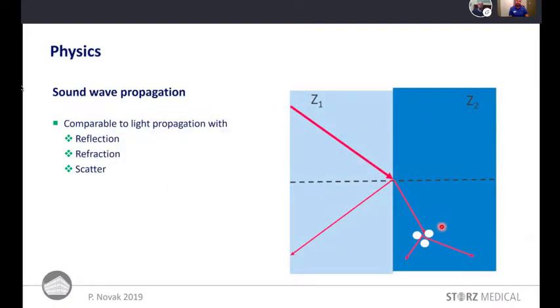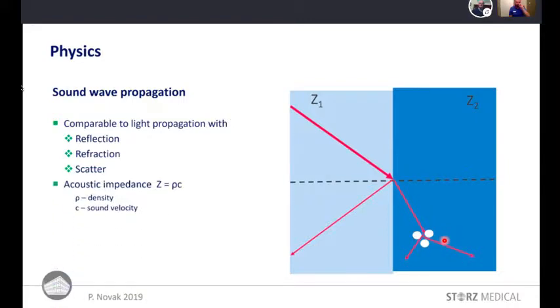Now, regarding the propagation, sound waves or pressure waves, it's all the same, behave very similar to light. So they can refract at the border between two different materials, and this effect is even stronger the more these two materials differ in their acoustic impedance. They can reflect like in a mirror, and they can be scattered by irregularities in the material.